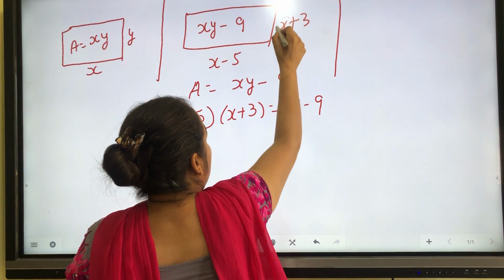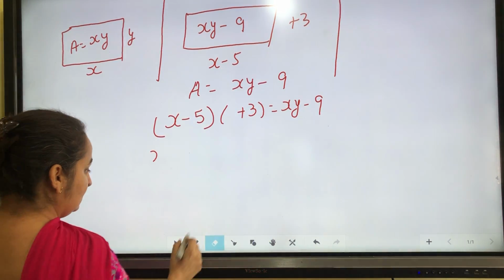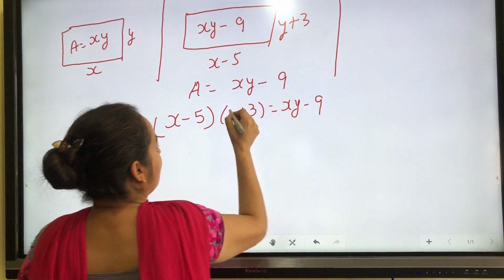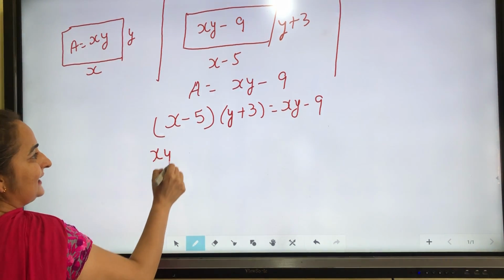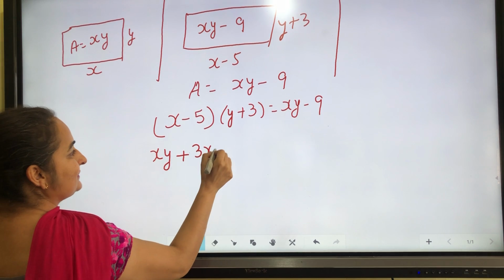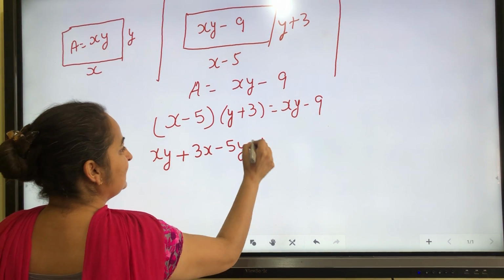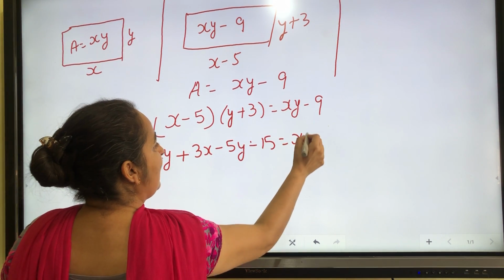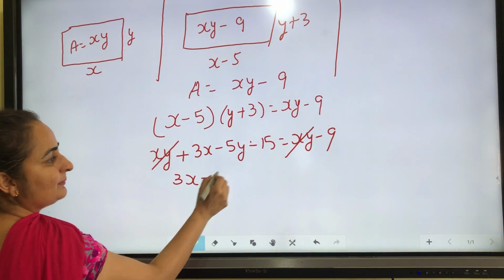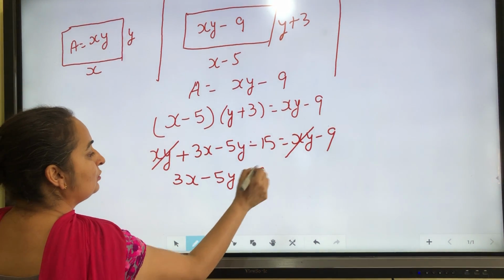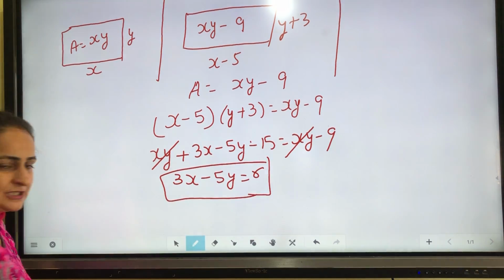The breadth is not x, it is y, so here I am using y. Now multiply the terms: xy plus 3x minus 5y minus 15 is equal to xy minus 9. This will cancel out. 3x minus 5y is equal to 6. This is the first condition.